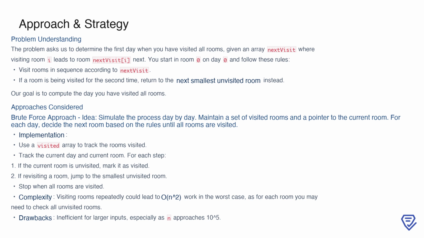This continues until all rooms are marked as visited. However, this brute force approach can be highly inefficient, especially for large inputs, because we may repeatedly check many rooms for their visited status. In the worst case, this approach has a time complexity of n squared, which makes it impractical for inputs where n is very large, such as 10 to the power of 5.